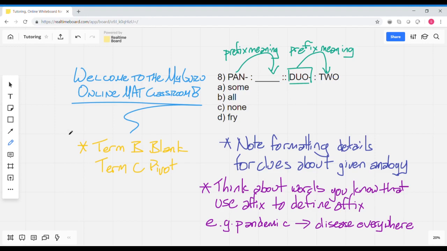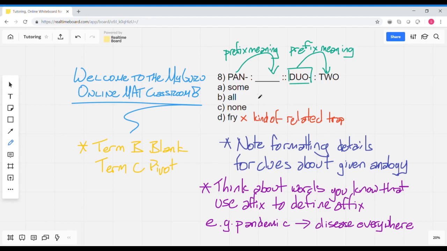Now, first we know that we basically have to have some sort of quantity for pan just based on how the analogy is set up. So fry here is just a kind of related trap in that you may think to yourself, well, pan is where you fry things. But obviously that's not the proper relationship because duo is not going to have that same meaning towards "two."